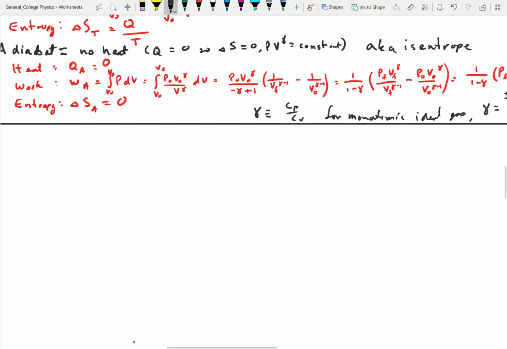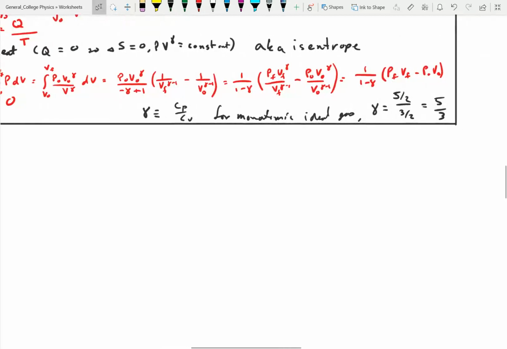And so when I do this integral, I have the constant stuff, pressure initial volume initial to the gamma, times 1 over, oh my goodness. No, I did it right. Thought I had a sign error there. 1 over V raised to the gamma minus 1, and then I put in my limits here, divided by the new power, which is minus gamma plus 1, since it's in the denominator.